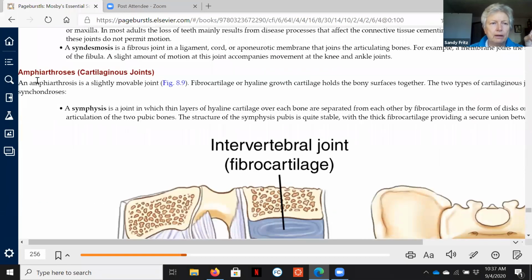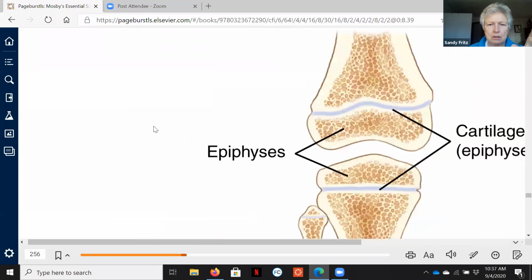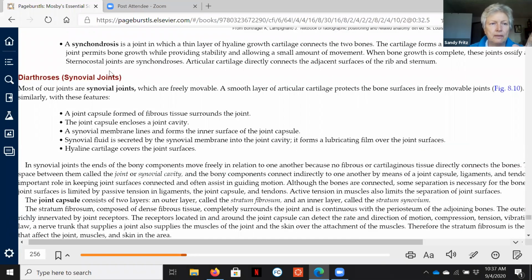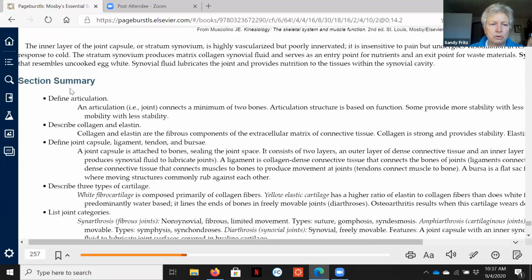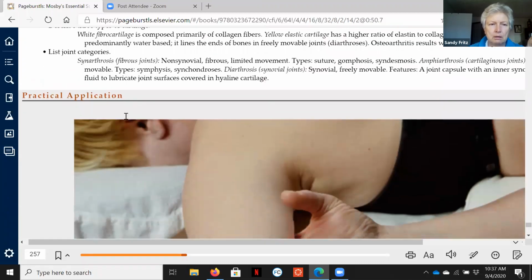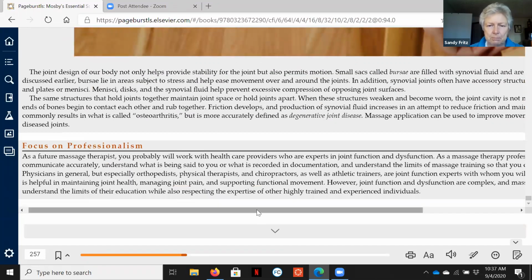And then we have amphiarthrosis or cartilaginous joints. These don't move that much. And then we have diarthrosis or highly movable joints, also called synovial joints. So here's your section summary, your practical application, your focus on professionalism.